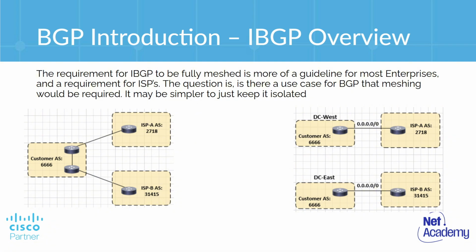So on the left, we have a drawing where I have two routers in a single data center, but they connect to different ISPs. So I have IBGP potentially running between these two routers, eBGP running from this router here up to this router here in ISP A, and I have eBGP running from this router down here up to ISP B. Even here, IBGP could be considered optional, right?